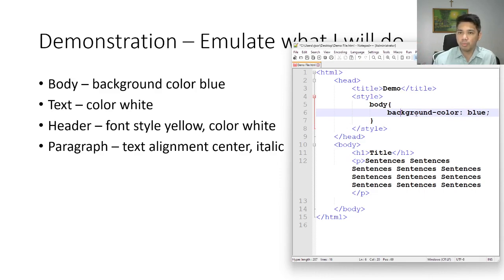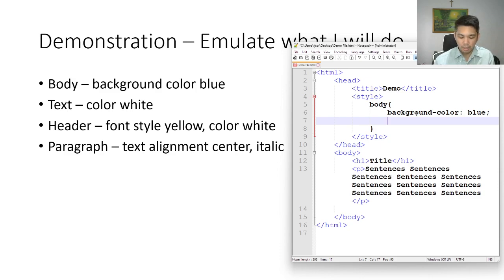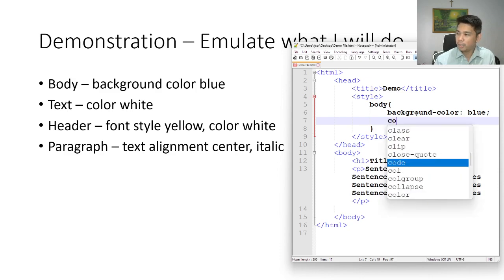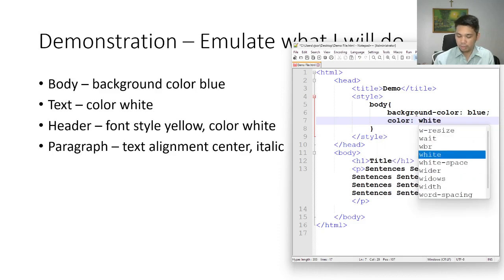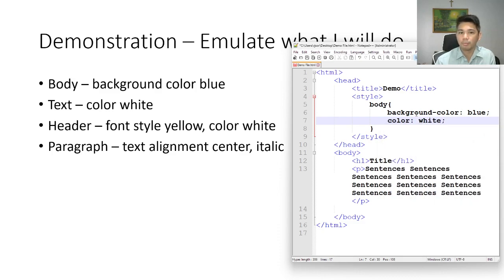So let's just assume the second one. Let's assume all texts must be color white. So I will just put it inside the body. And I will write here color white.